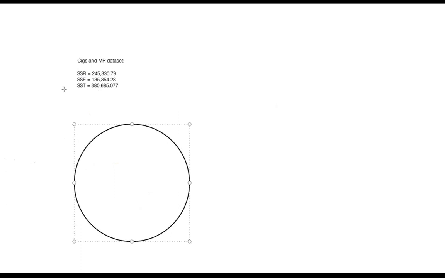So again, the first thing I want to do is compare SSR to SSE. SSR is larger compared to SSE. So if I were to draw that circle again, I know that for my cigarettes and mortality rate, okay, let me do it again. Right, so this is my cigarettes and mortality rate data set. SSR is larger, and that's good. We want SSR to be larger compared to SSE.